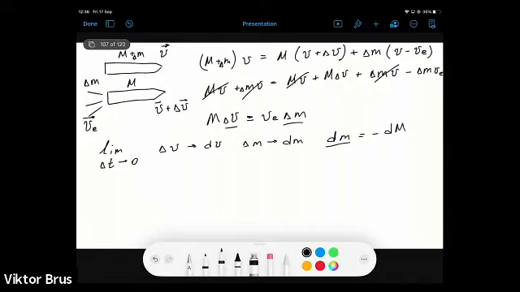So it becomes lighter, and we put this minus there. So now we can proceed from this equation to a differential equation. It will be capital M times dV equal to V exhaust times dm, or assuming this, it will be minus VE times dm.